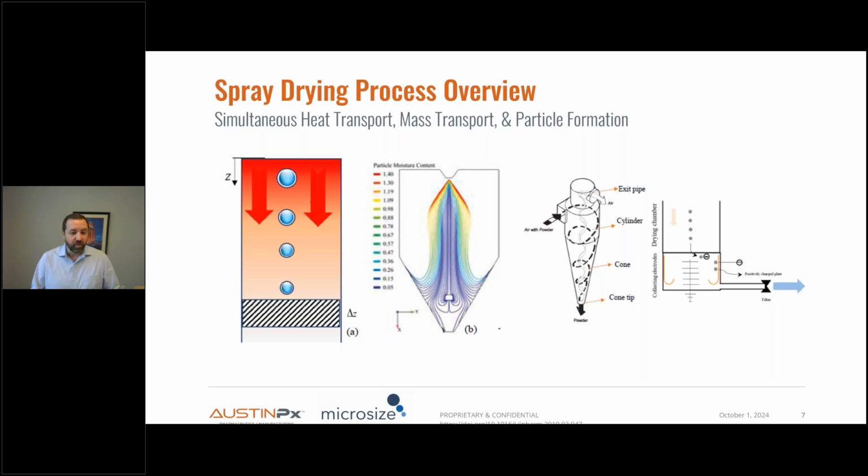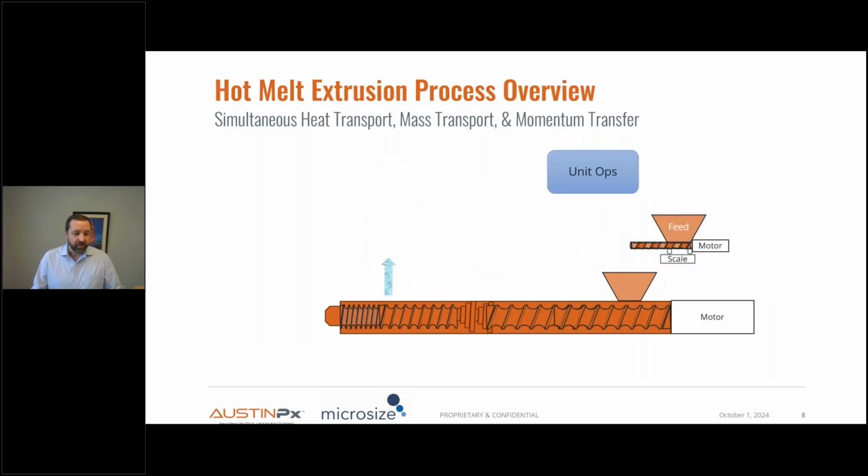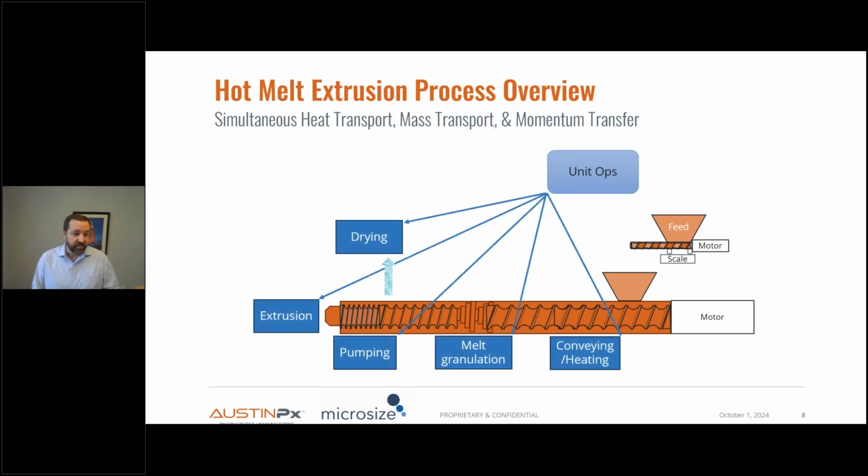Ideally, we don't form the particle that affects the dissolution kinetics at the same time that we produce the amorphous form. Hot melt extrusion is an example of being able to do that. However, what it gives up in terms of being able to separate particle size control from amorphous solid dispersion crystallinity control, it deals with in momentum transfer.